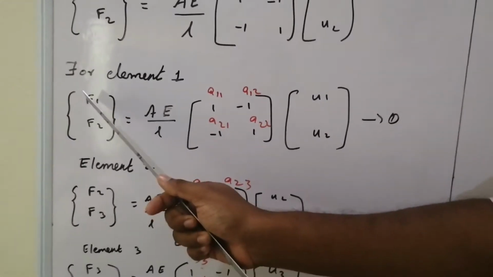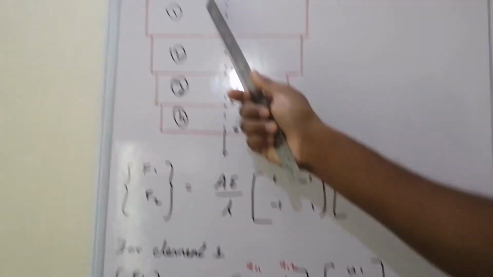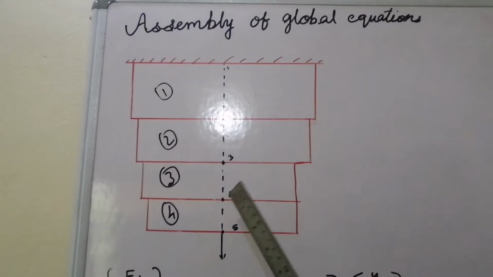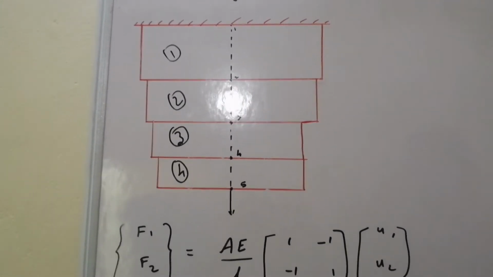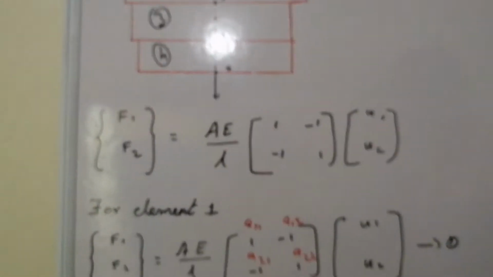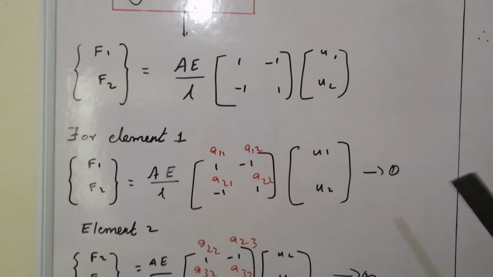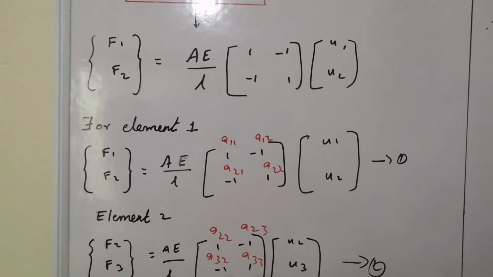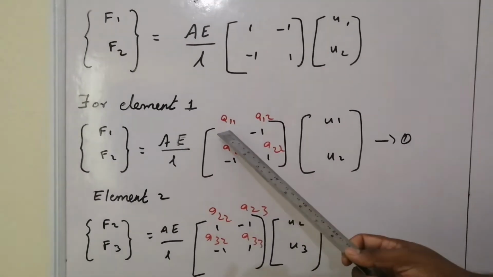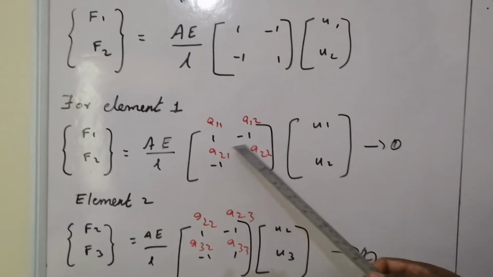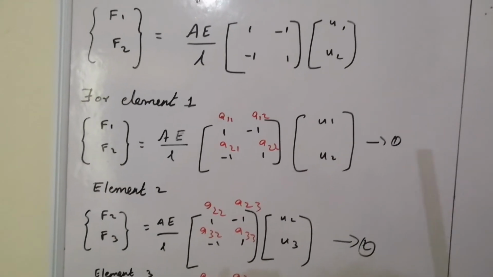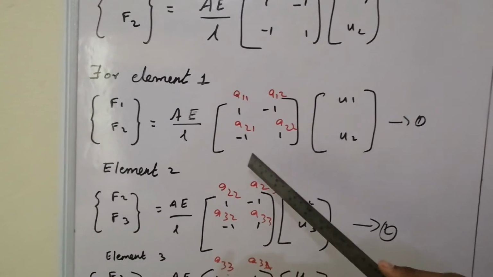Since we are considering the first element, we will have two force vectors, F1 and F2, and two displacement functions. What we want to look at carefully are the terms A11, A12, A21, A22, that is, the positioning of these terms.